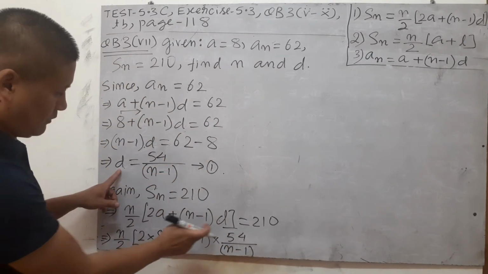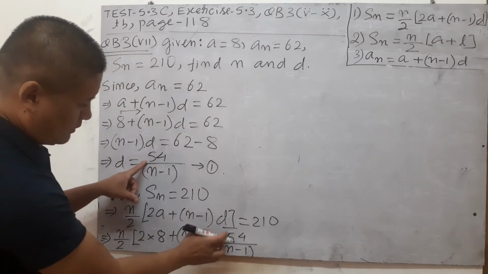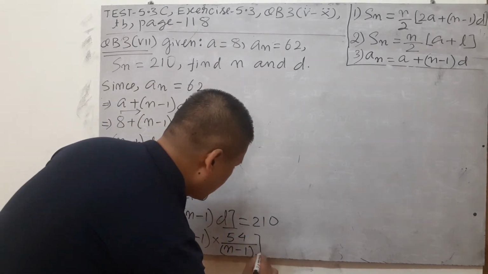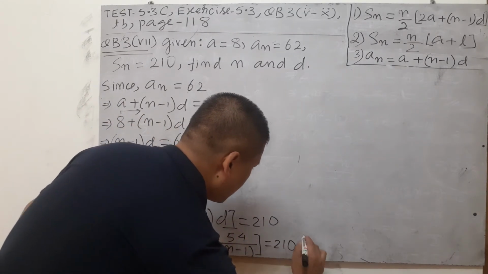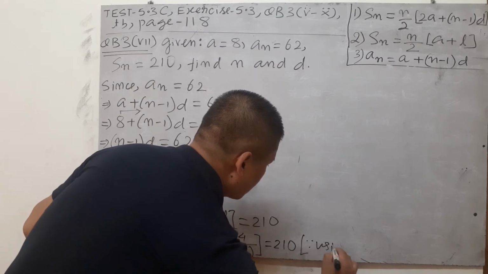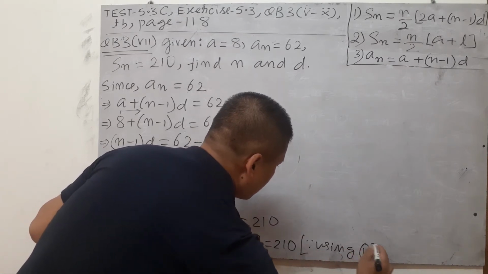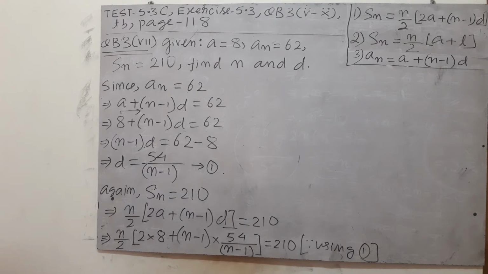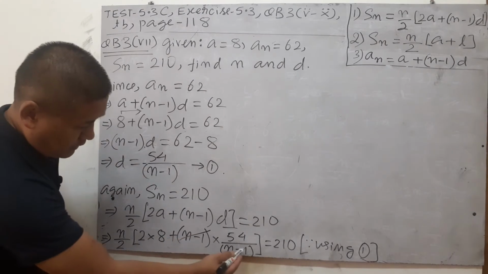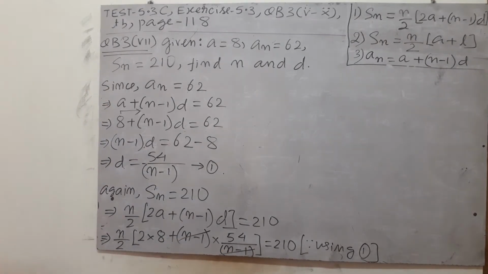The d value is replaced by this one, close the bracket, and write 210 on the right side, using equation number 1. That way we can cancel this n minus 1 up and down.